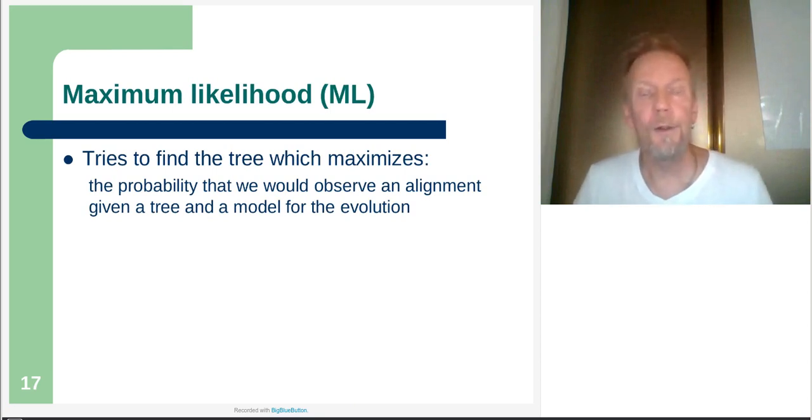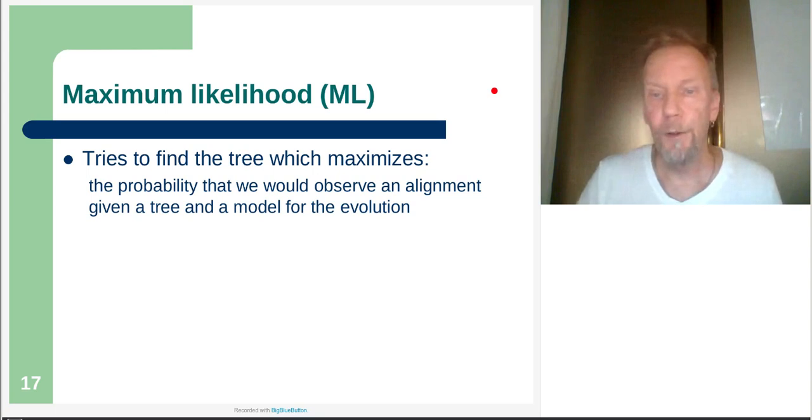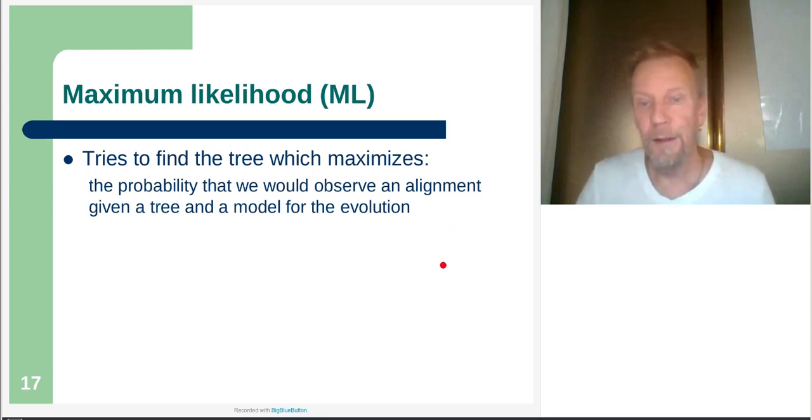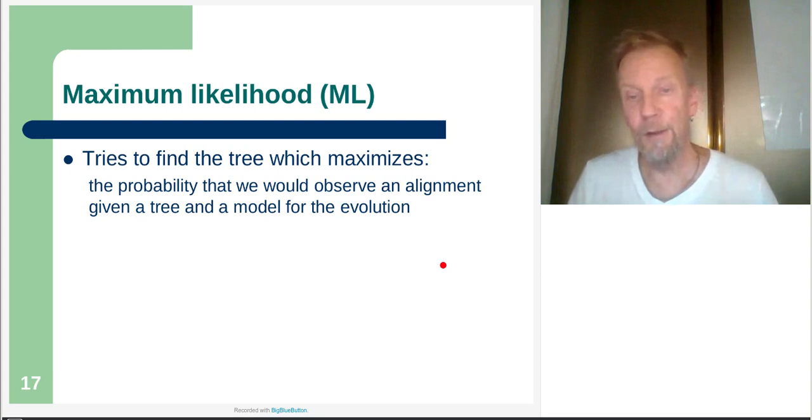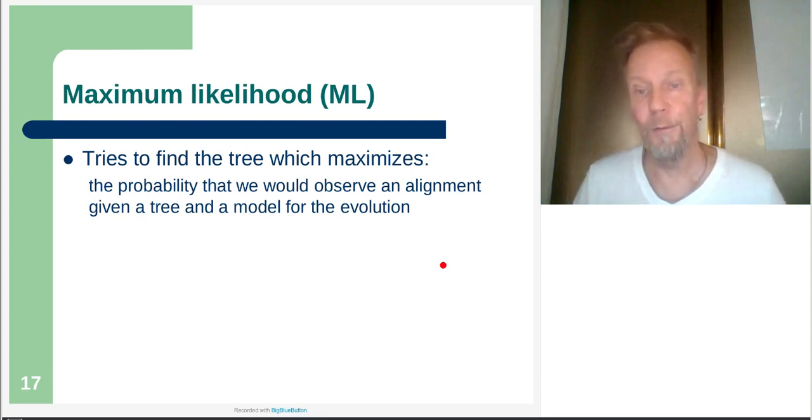Okay, let's go back to probabilistic phylogenetics. We have the maximum likelihood methods which try to maximize the probability of observing the alignment we had given the tree we are studying, which we have found in the tree search, and the model for the evolution.